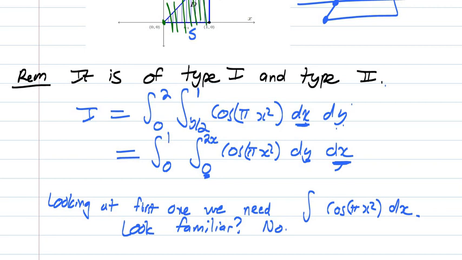The answer is no. And even if you try it with a technique like integration by parts, you will get stuck, even more stuck, etc. So when you get stuck and you realize that maybe treating it as an iterated integral in this order, dx dy, and you continue to get stuck, then you say, alright, let's try something else.